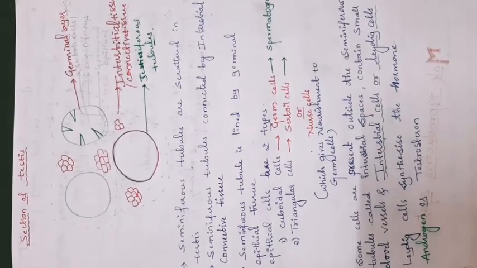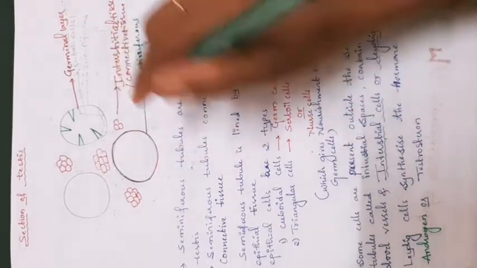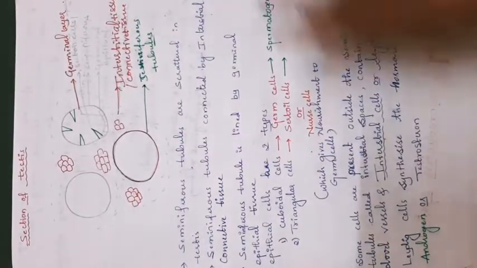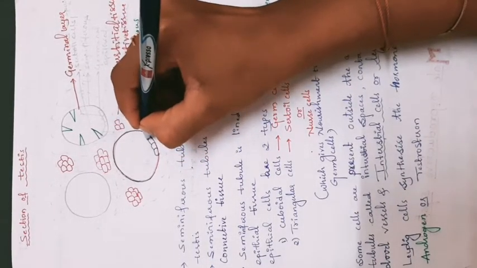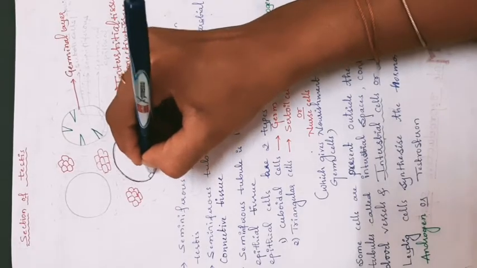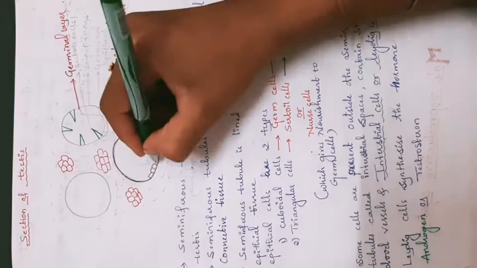The thin germinal tissue has two types of cells. The germinal epithelium cells are of two types: small cuboidal cells and triangular-shaped cells.